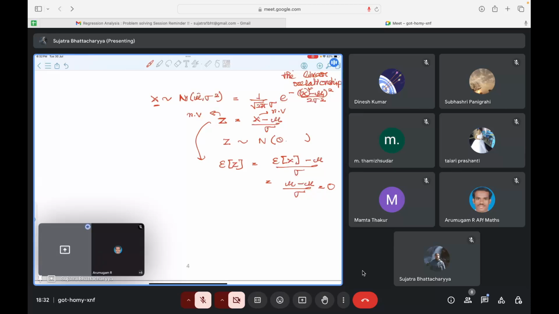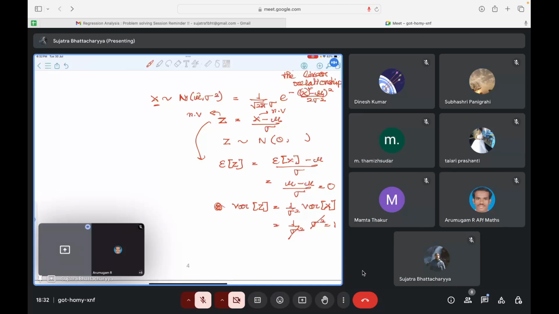So it will be normal 0. What about variance? I know that variance of z is nothing but 1 by sigma squared variance of x, because mu is a constant quantity. So it will be 1 by sigma square. Variance of x will be again sigma square. So this will be 1.